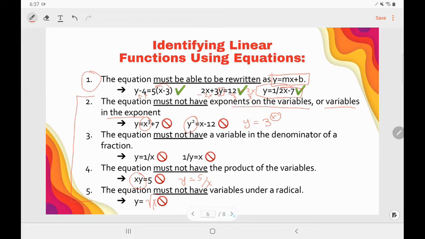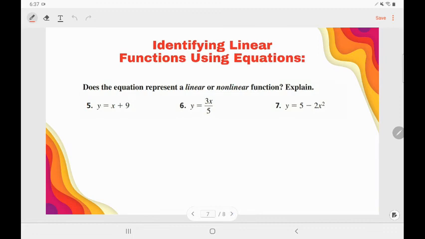So let's look at just a couple of examples to make sure we can tell the difference. 5, 6, and 7. Number 5 is obviously linear. There are no exponents, no square roots, no fractions. It fits in the y equals mx plus b format. 6 is a little less obvious.